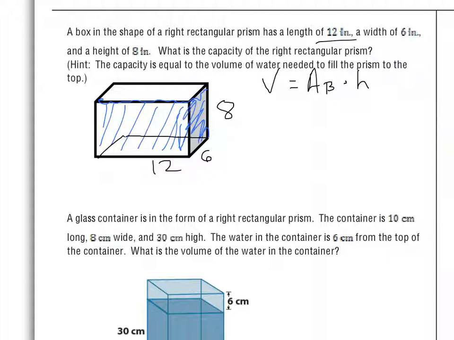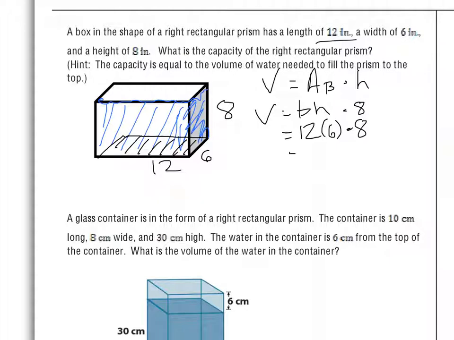So area of the base is going to be equal to the base times the height of the base, which is equal to 12 times 6 times the height, which is 8.